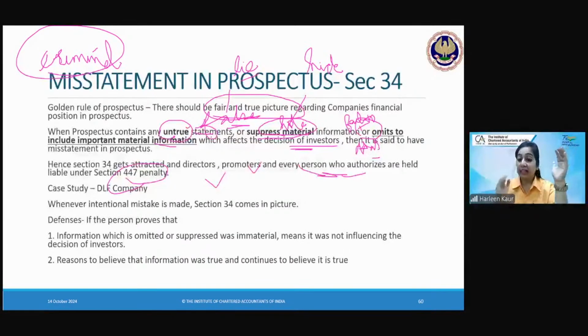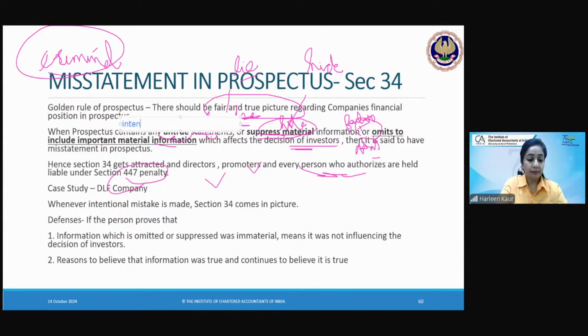Where there is any intentional mistake, please write down in your notes. When the company is trying to make any intentional mistake, this word is important, child, intentional.